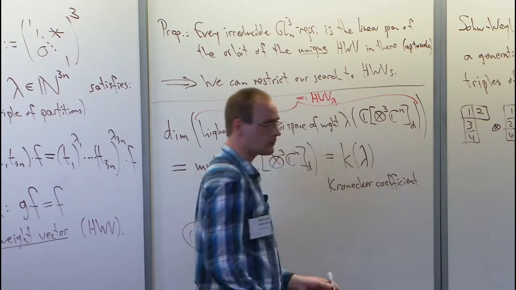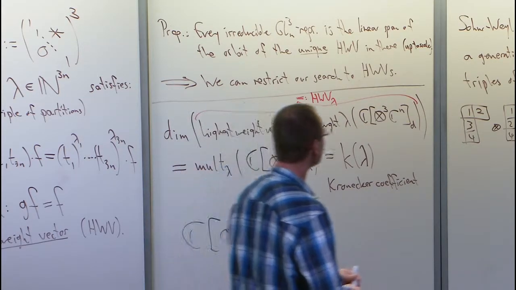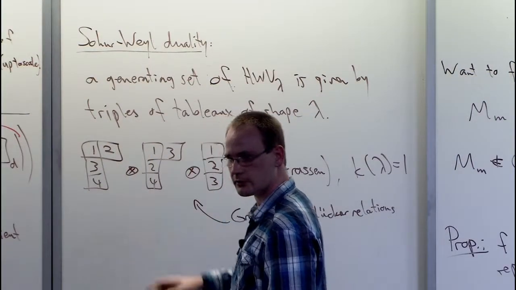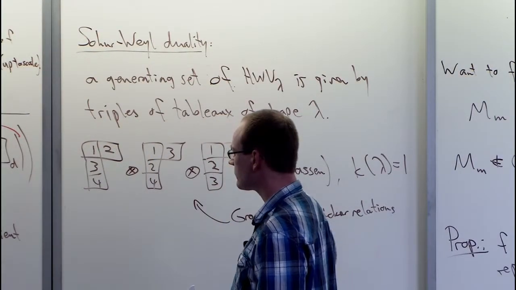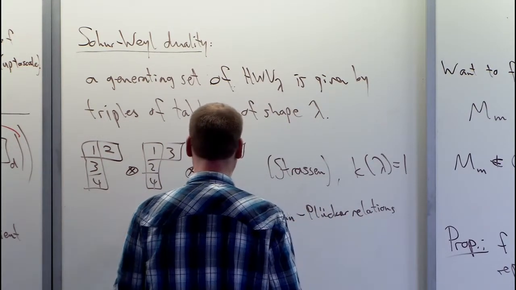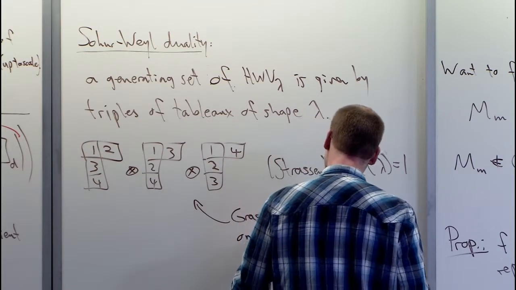Christian, what's the correspondence between these diagrams that you wrote and this vector space? Yes, there's a correspondence. It's called Schur-Weyl duality, and I will tell you how to evaluate such a thing. What is this, is it like a Young tableau? This is a Young tableau. These are the Grassmann-Plücker relations on Young tableaus.